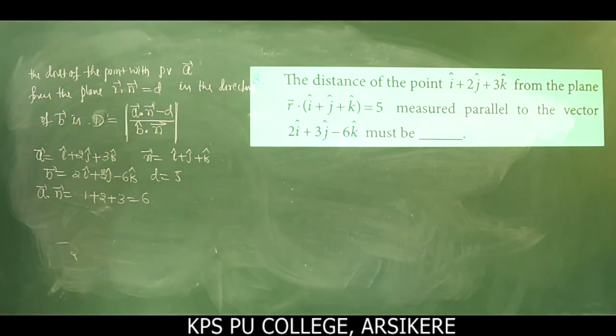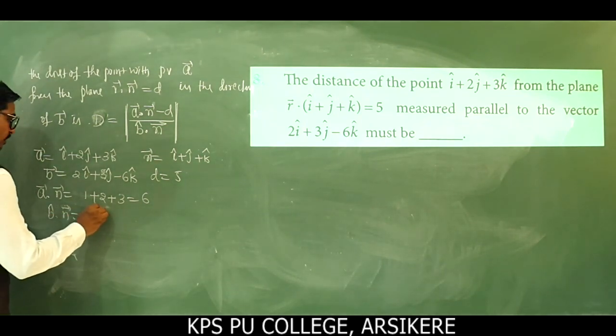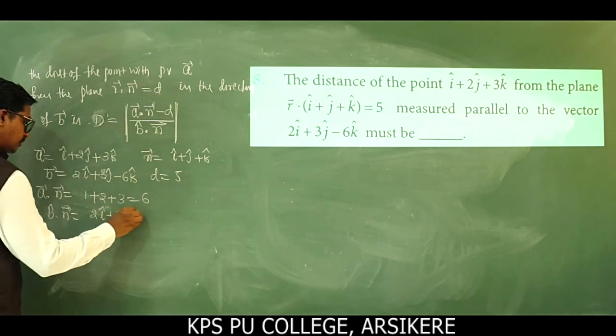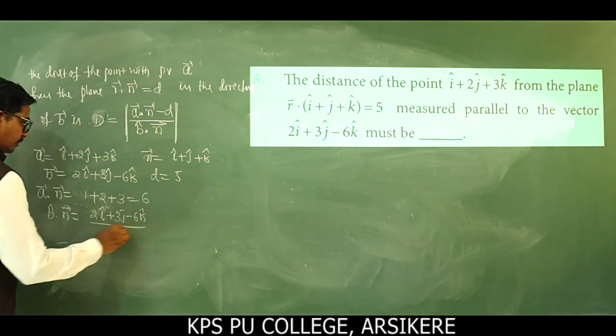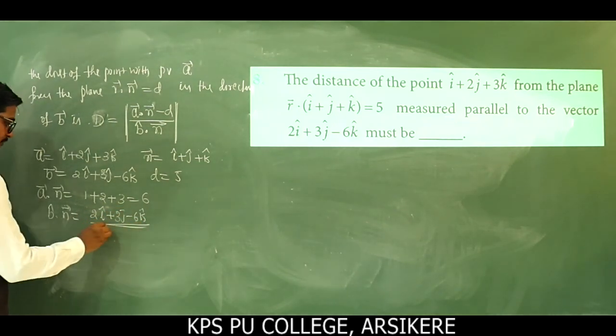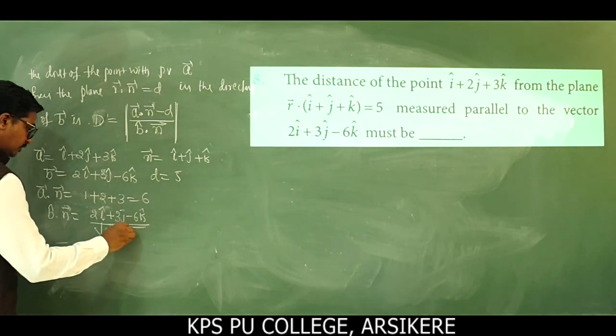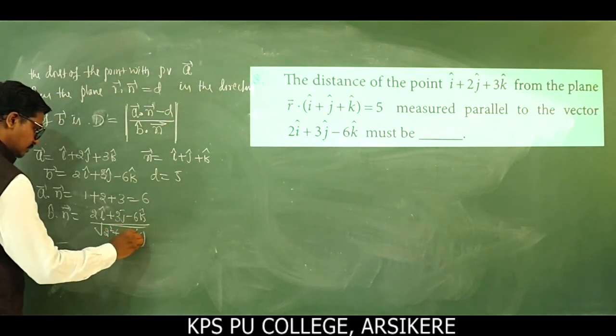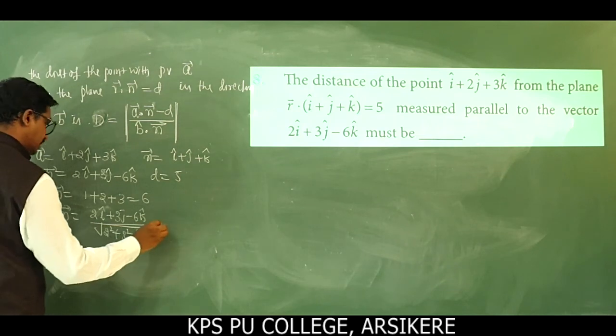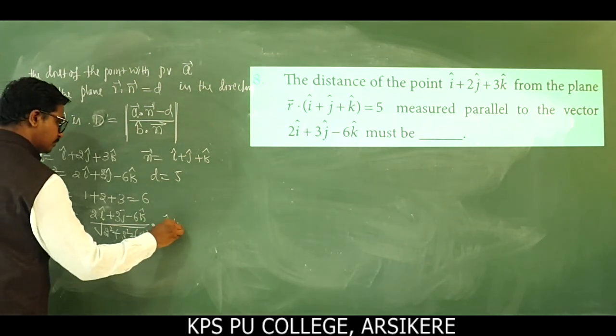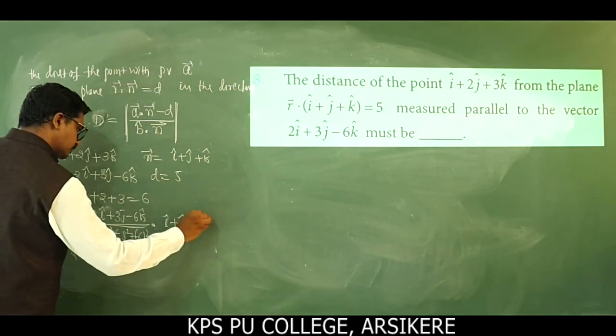And another thing, b cap dot vector n. What does B cap become? Already we have the vector B. Vector B divided by the magnitude of vector B becomes B cap, so this becomes (2i plus 3j minus 6k) divided by the magnitude, root of 2 square plus 3 square plus minus 6 whole square, dot i cap plus j cap plus k cap.